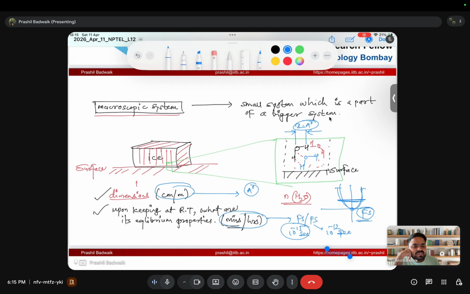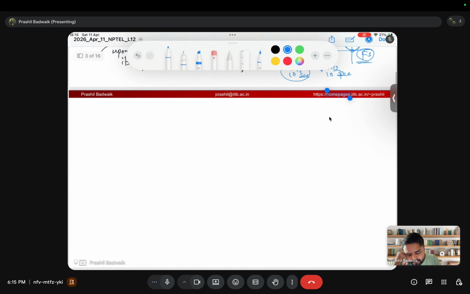So essentially my system will look like a box which has a surface, right, over which there is water in a crystalline state. This portion is also filled, right? Everywhere it is there.